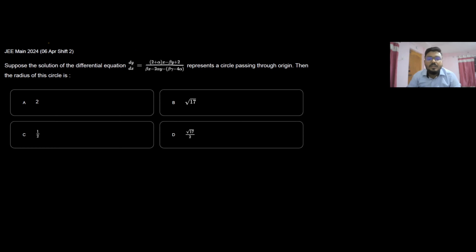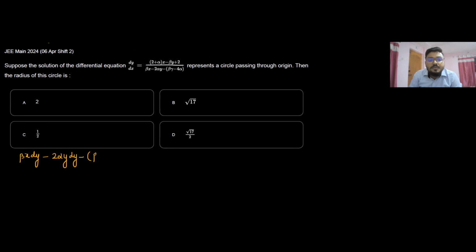Let us try. Let's first cross multiply here. So this is beta x dy minus 2 alpha y dy minus beta gamma minus 4 alpha times dy. Actually, this entire term was constant. Okay. Equal to 2 plus alpha times x into dx minus beta y into dx plus 2 dx.